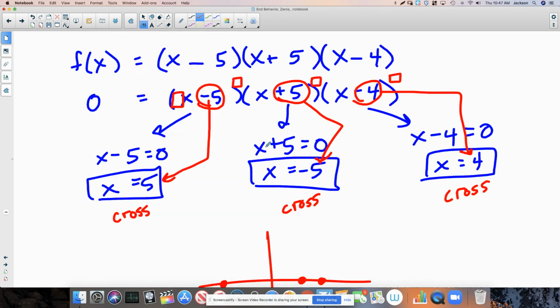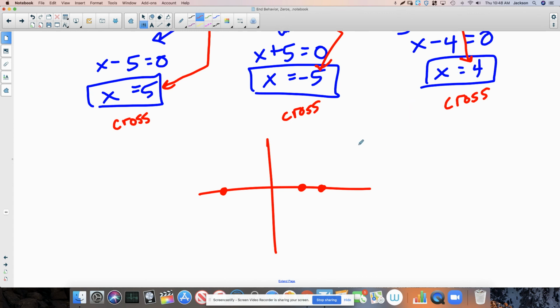So the end behavior from the rightmost 0 would go up and to the right and down and to the left from the leftmost 0. We cross at -5, then we come back down eventually at 4 and we cross, and then we have to come back up and cross at +5.